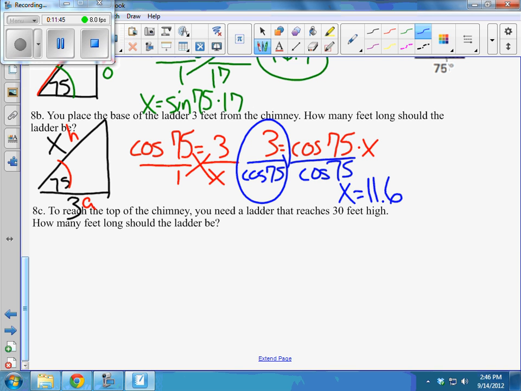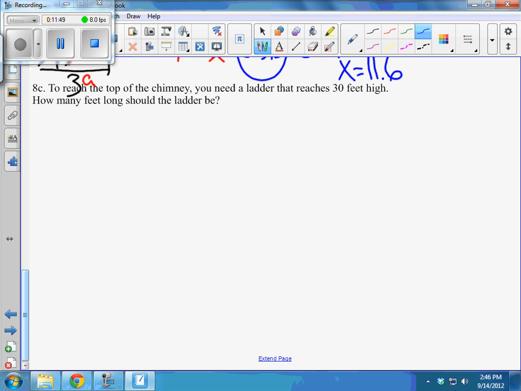All right, let's go to 8C now. To reach the top of the chimney, you need a ladder that reaches 30 feet high. So that means 30 feet high. The ladder doesn't need to be 30 feet. The ladder needs to reach 30 feet high. So there's my angle. How many feet long should the ladder be? Let's look. So again, based on my picture, I've got opposite and hypotenuse. So I'm back to sine.